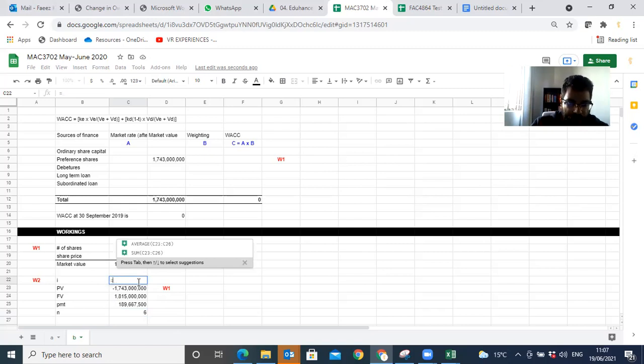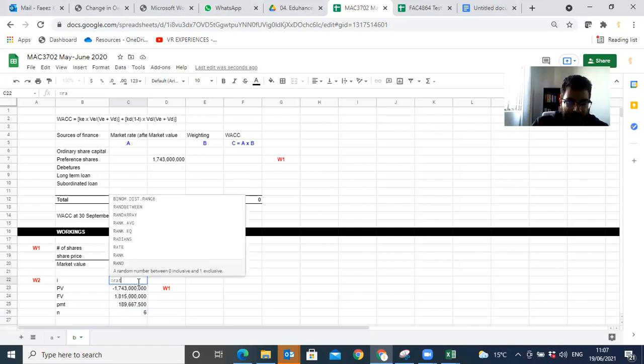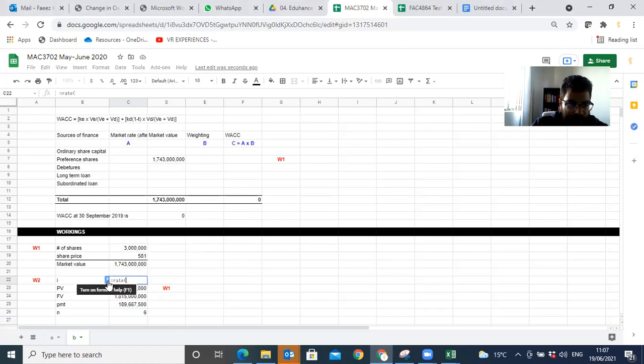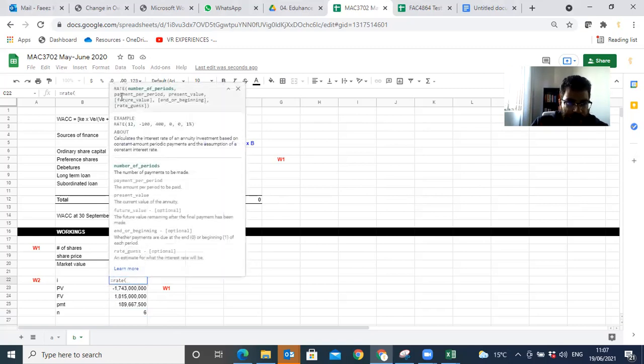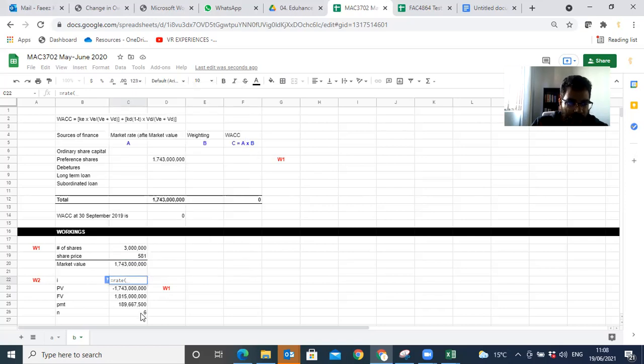So if I want to say rate, open it. They want number of periods, payment, present value, future value. So what do they want?